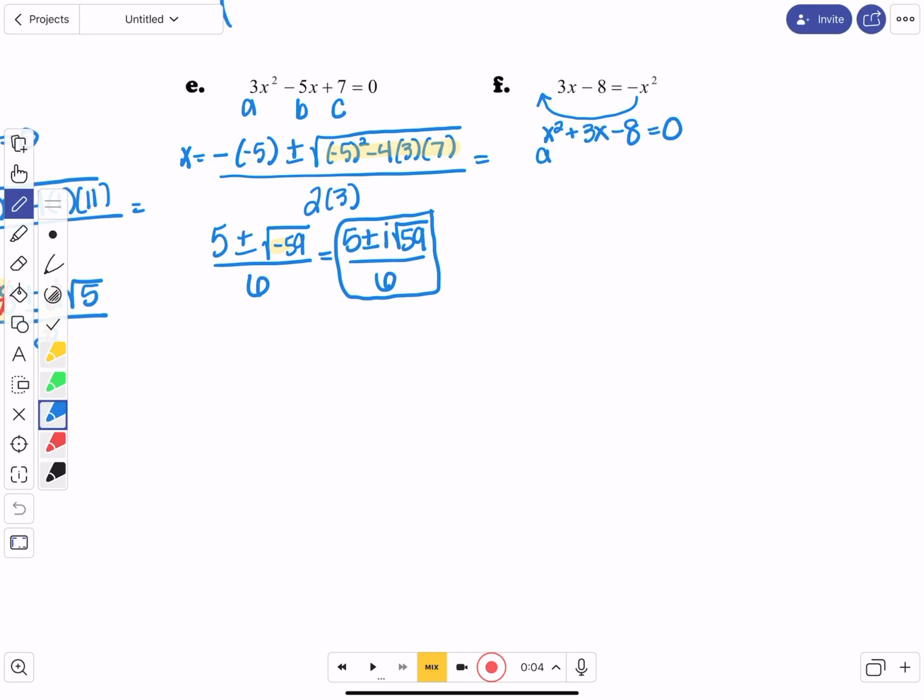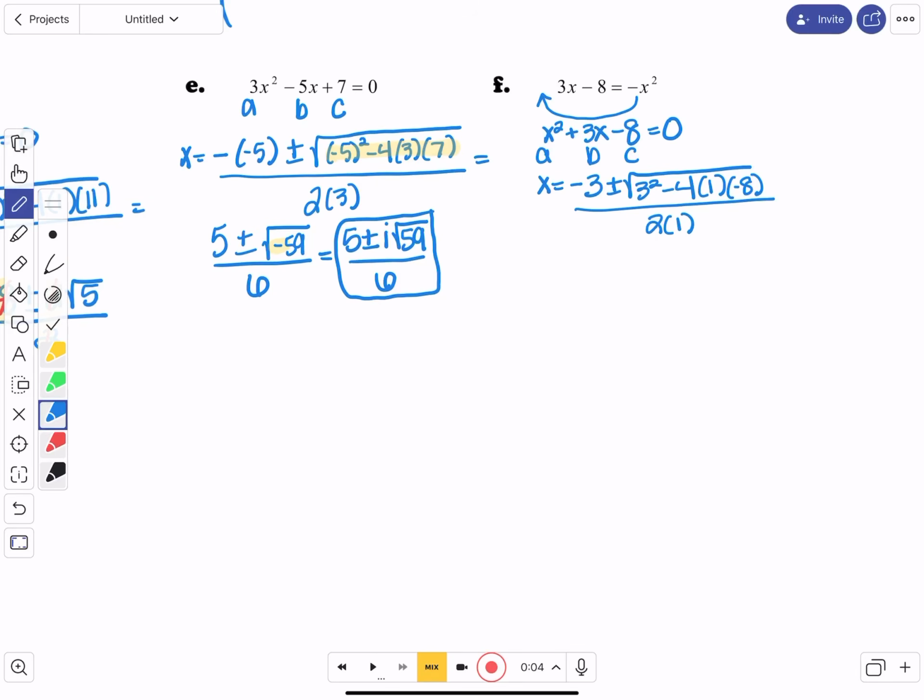So here is our A, our B, and our C. When we plug in, I've got x equals negative 3 plus or minus the square root of b squared minus 4 times a times c, which is negative 8, all over 2 times a, which is 1.